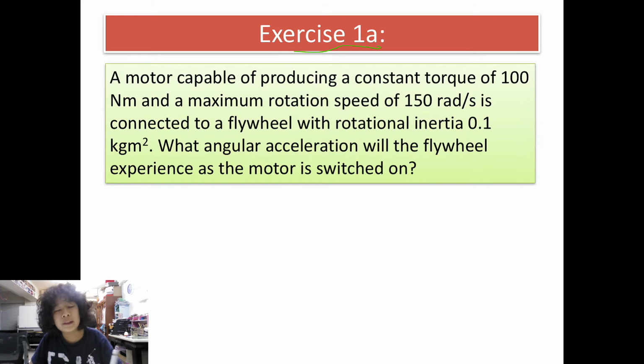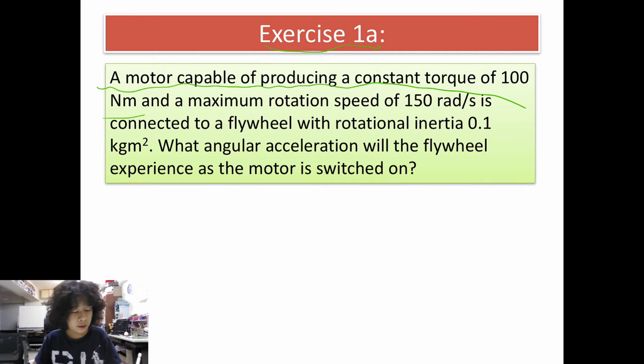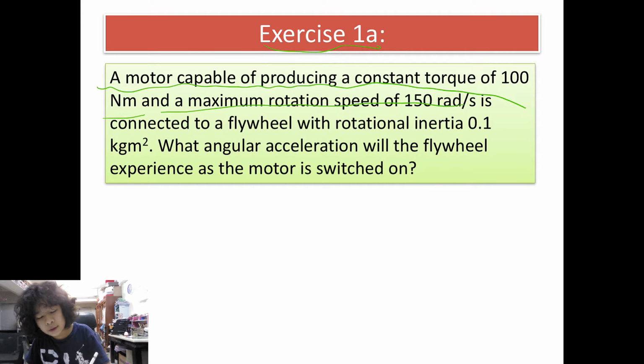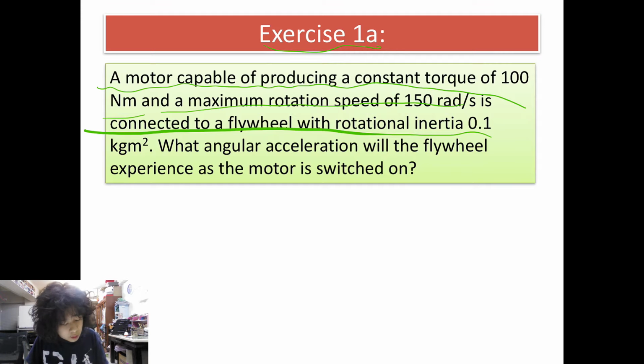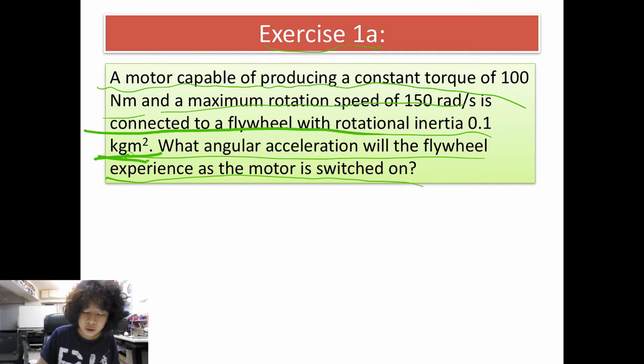Exercise 1, part A. A motor capable of producing a constant torque of 100 newton meters and a maximum rotational speed of 150 radians per second connects to a valve with rotational inertia 0.1 kilograms meter squared. What's the angular acceleration of the valve as the motor switches on?